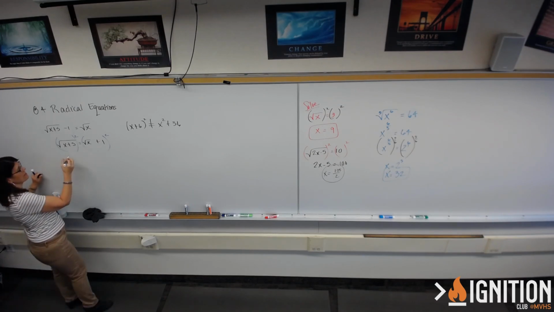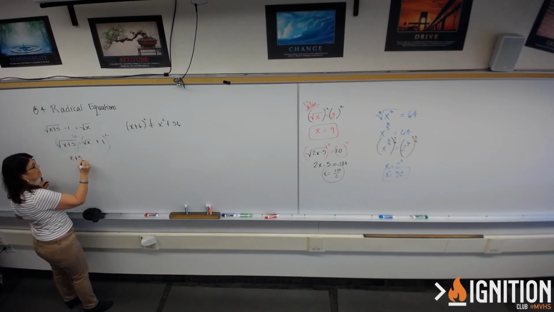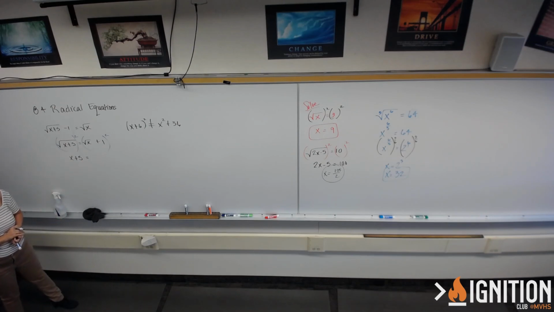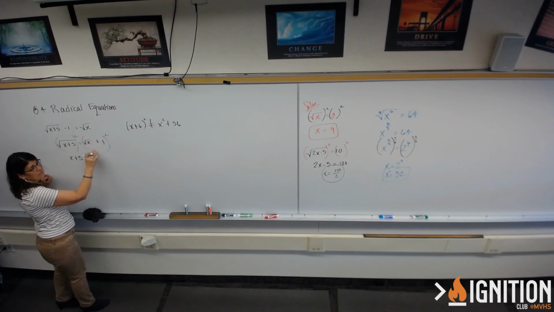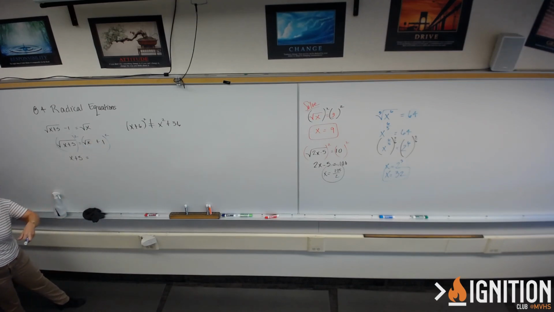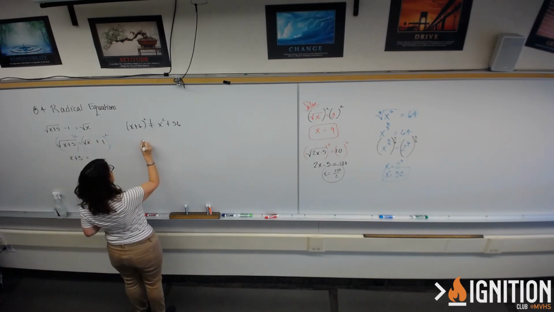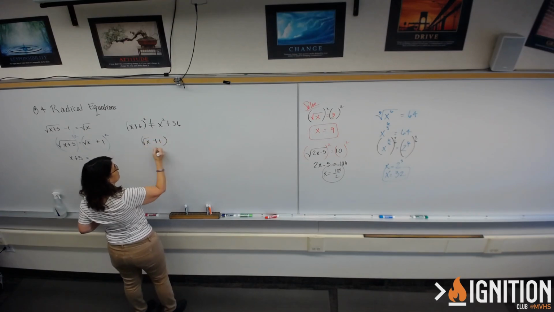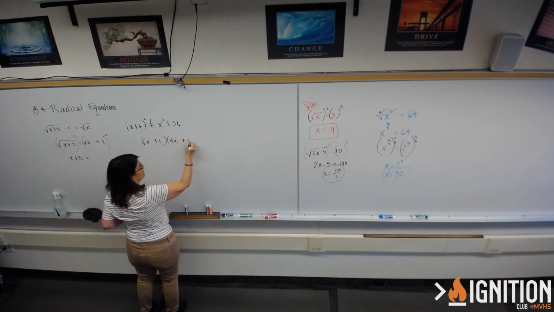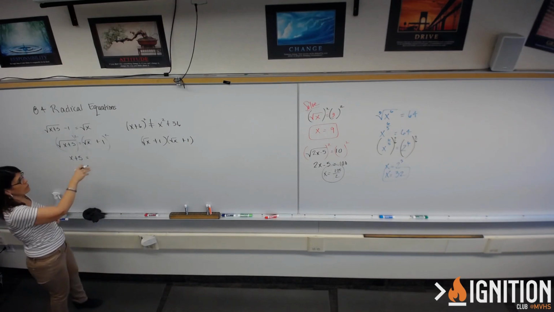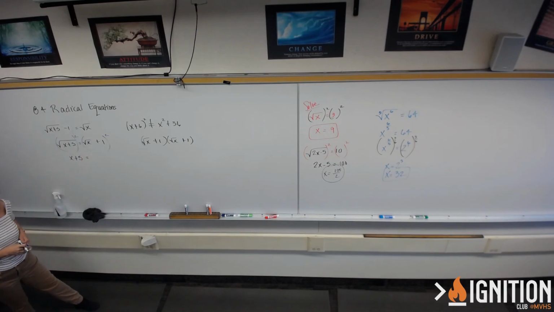X plus 5, fantastic. This is not x plus 1. If it helps you, write it out and do the FOIL thing. If you can do it in your head, fantastic.